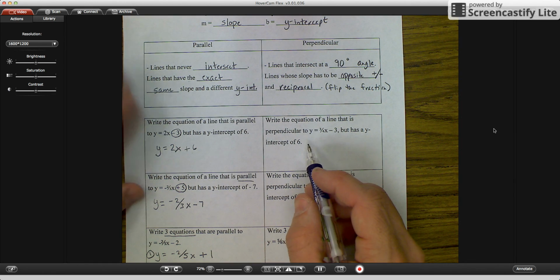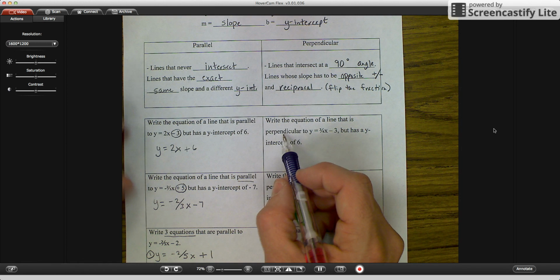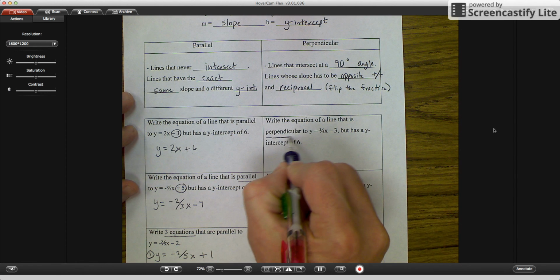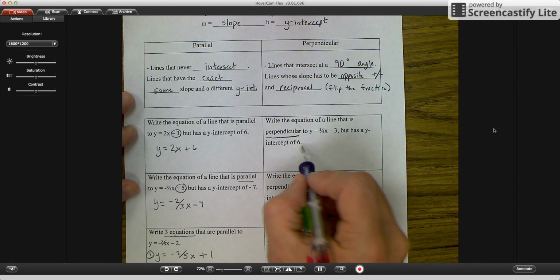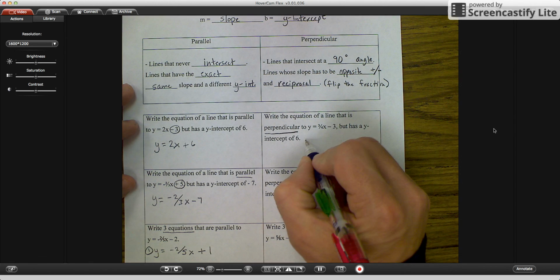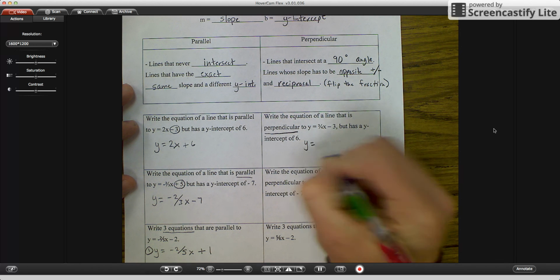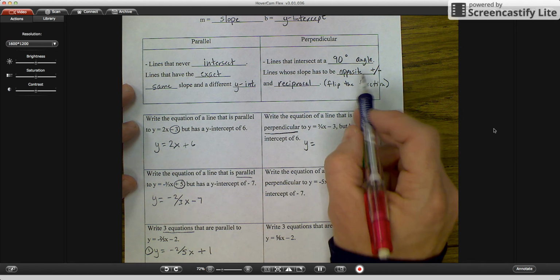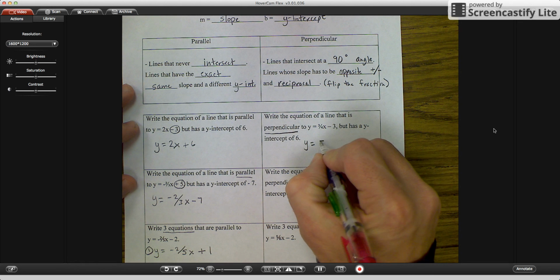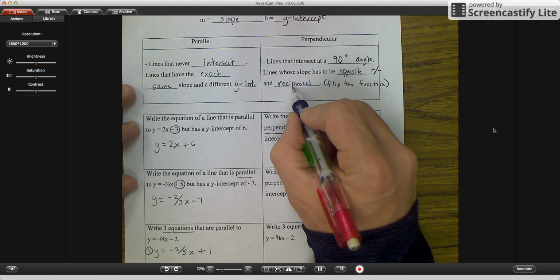So let's look down at our example down here. It says, write the equation of a line that is perpendicular to y equals 3/4 x minus 3 and has a y-intercept of 6. So I'm going to start off y equals. Now my slope is 3/4. Perpendicular slope has to be opposite. So since it's positive, we're going to make it negative. And it has to be reciprocal.